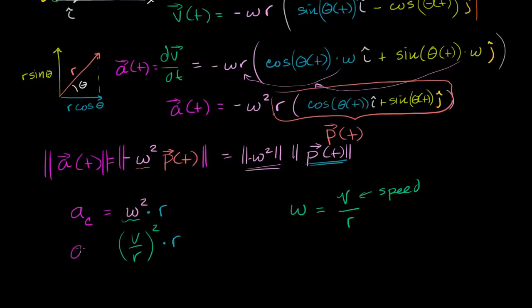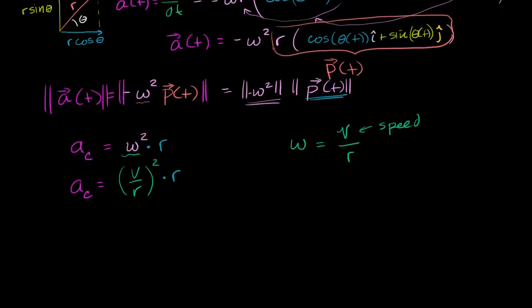And this is all going to be the magnitude of our acceleration, which is really our centripetal acceleration, our inward directed acceleration. And so this is going to be equal to, and I think you see where this is going, this is equal to v squared over r squared times r. This r cancels out with the r squared, so you're just left with v squared over r.